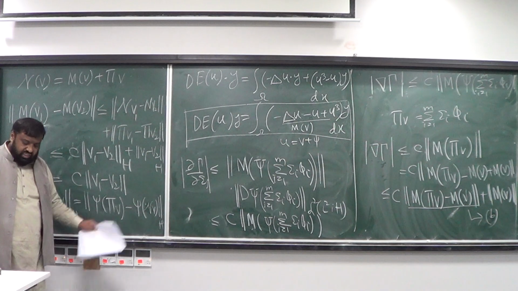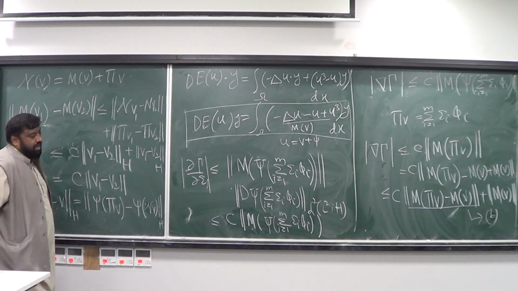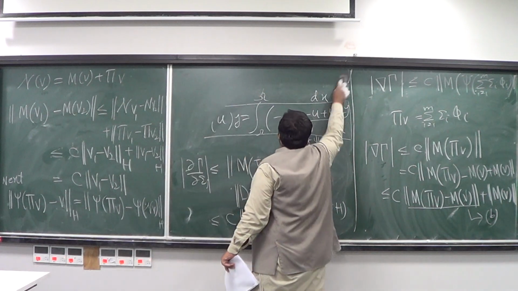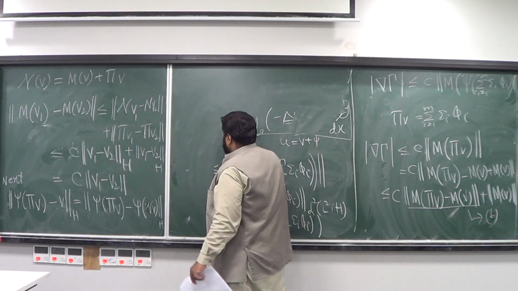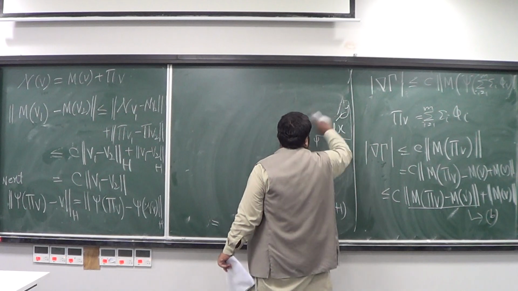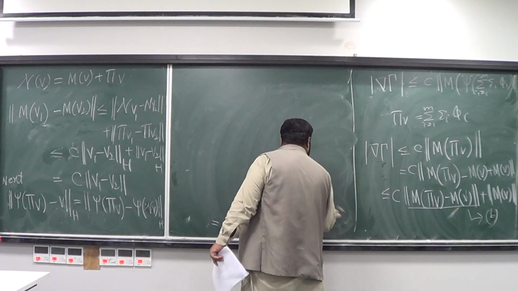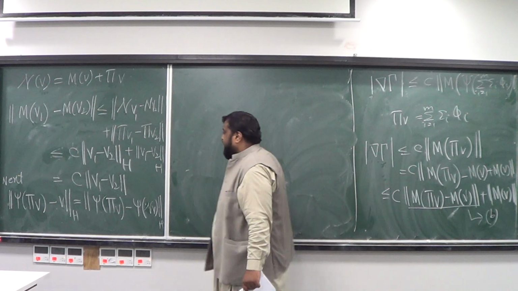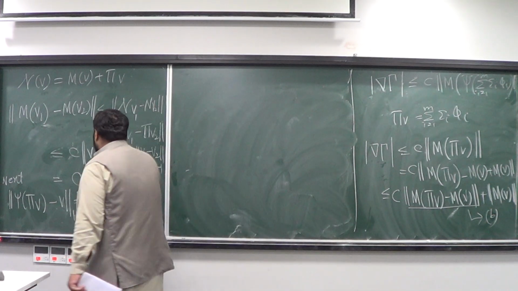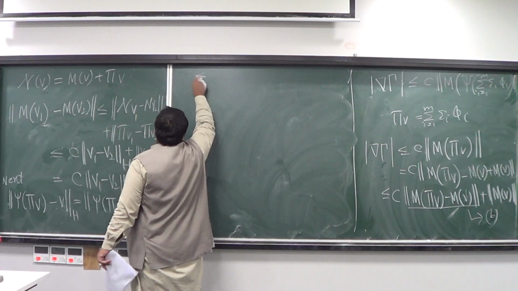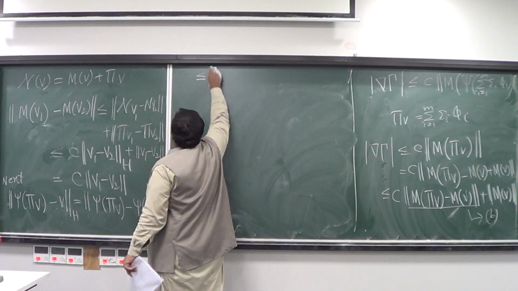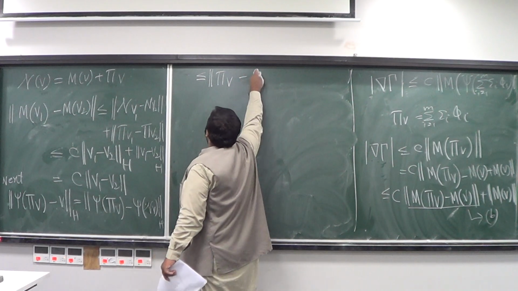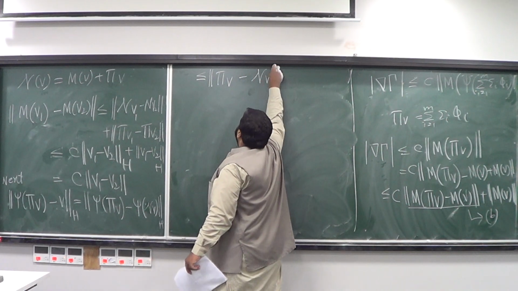And on this inequality, if I now apply the Lipschitzness of psi, I can estimate this by the norm of pi v minus N of v.